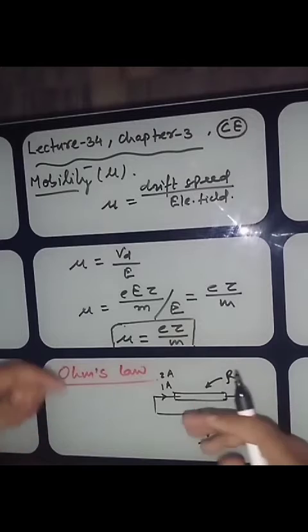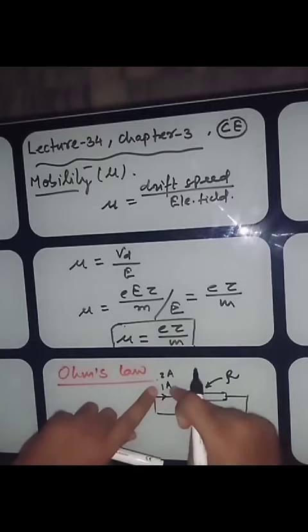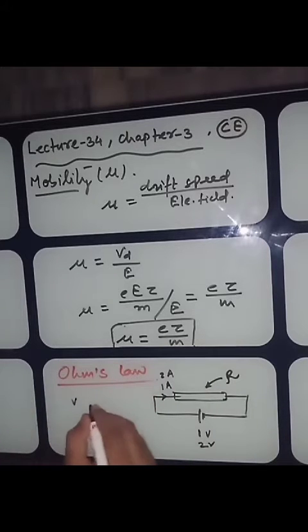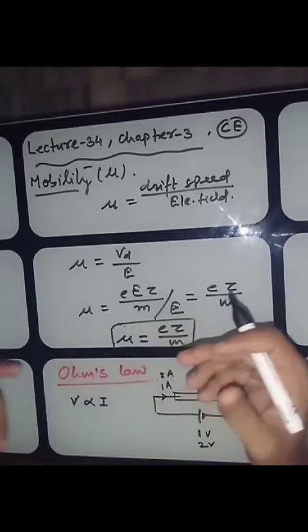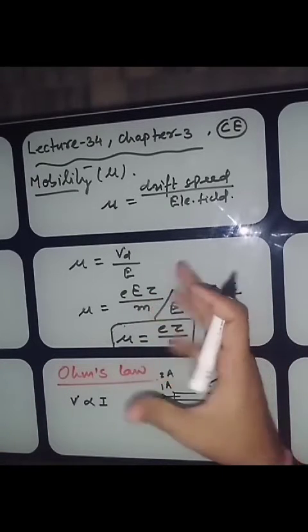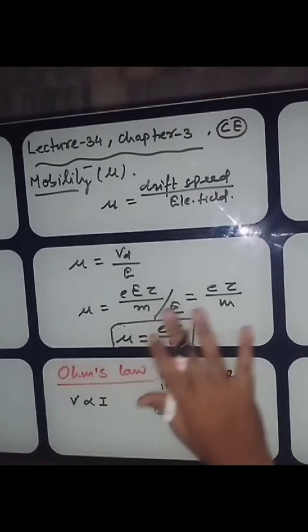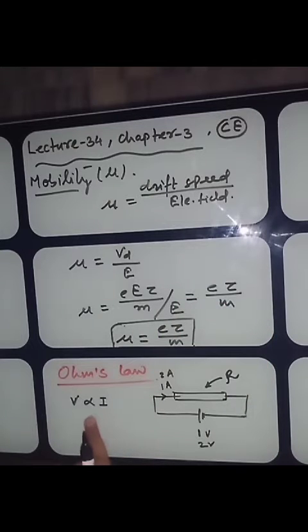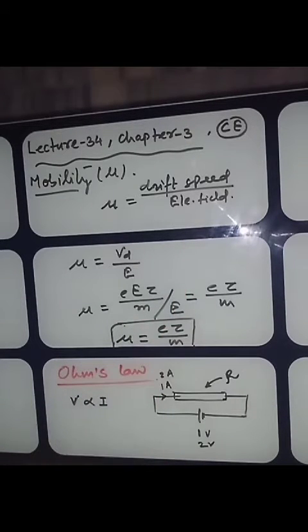It means Ohm observed a linear relation between voltage and current, that V is directly proportional to I. As voltage increased, the current also increased. The experiment was done for various conductors and the linear relation was not found for all of them, but for the ohmic conductors, that is the metals, he found that V is directly proportional to I.